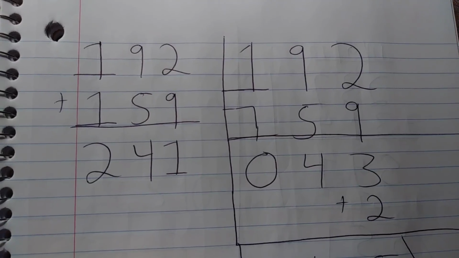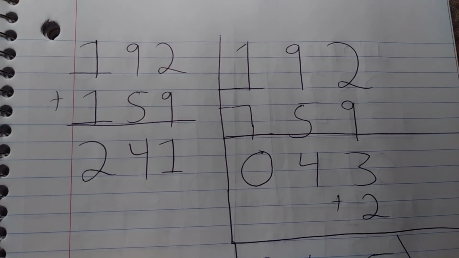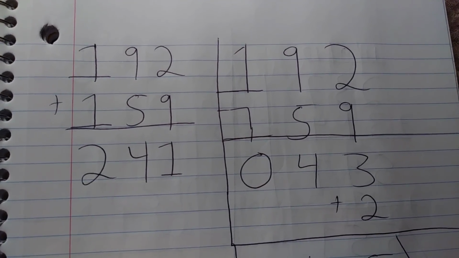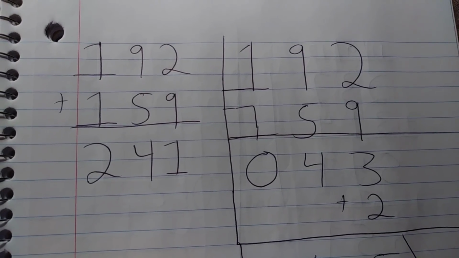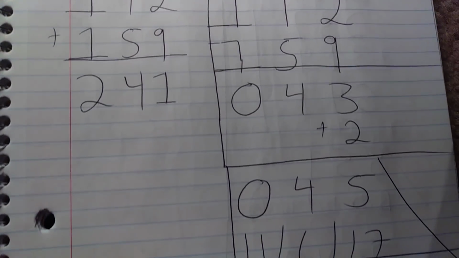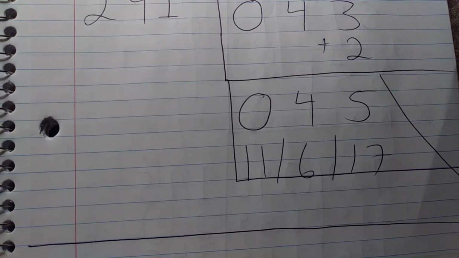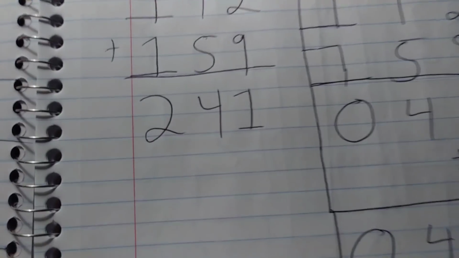You're also going to subtract off 159, so 12 minus 9 is 3, 9 minus 5 is 4, and then 1 minus 1 is 0. So you add 2 to that 3, that'll give 045, and that one did hit on November 6th.